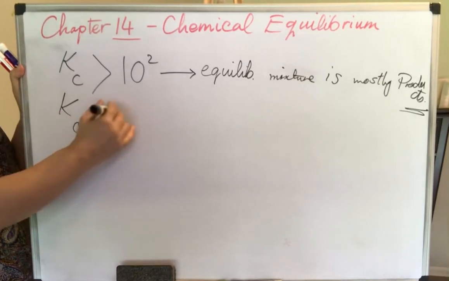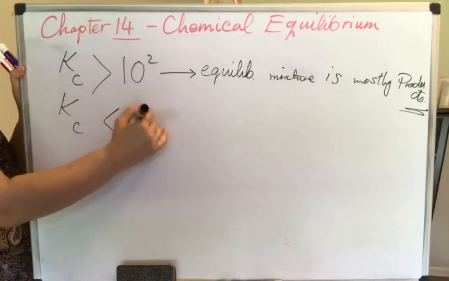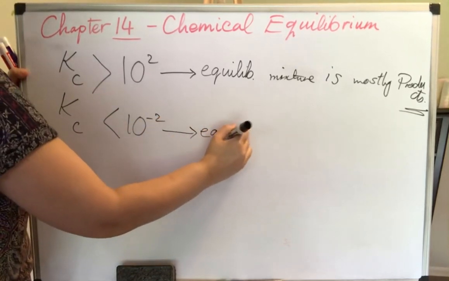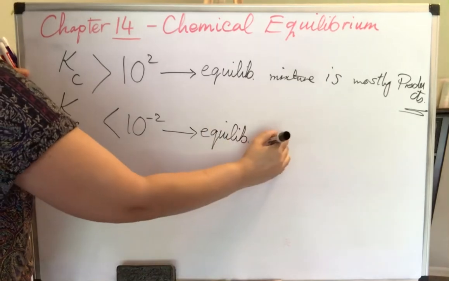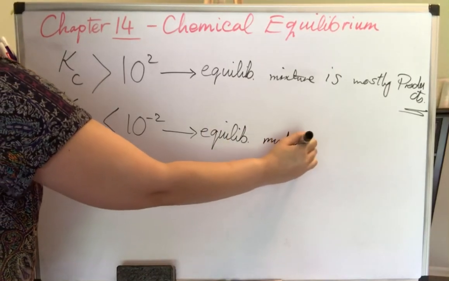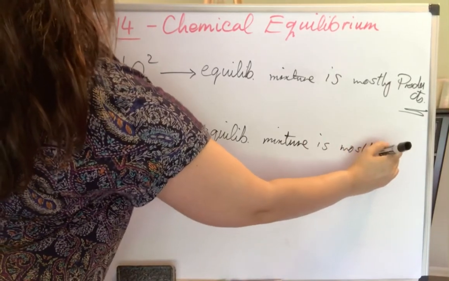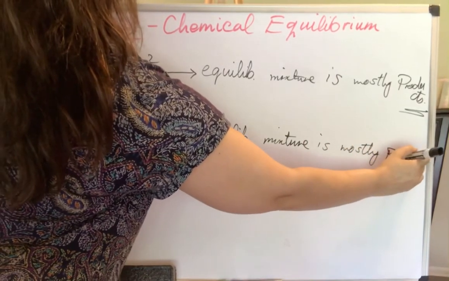When Kc is very small, less than 10 to the negative 2, then you can tell that the equilibrium mixture is mostly, I'm sure you would say, mostly reactants.